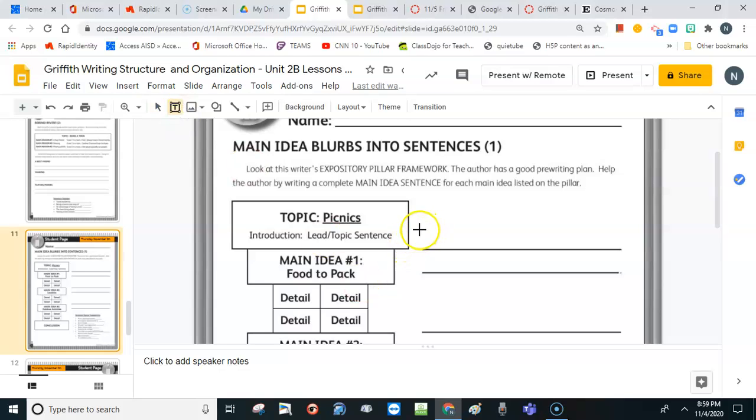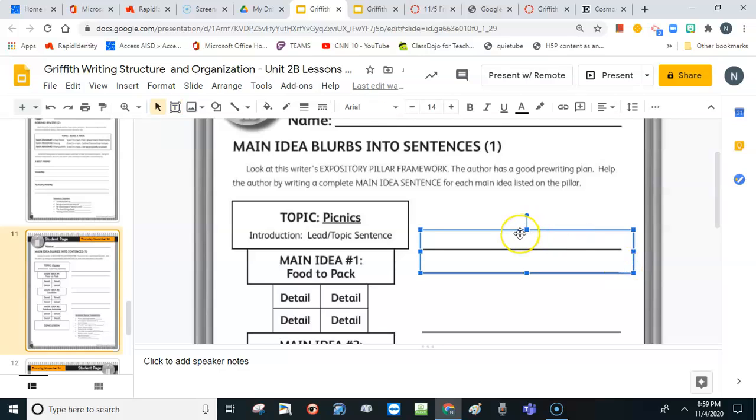If you're working on the computer, if you're working on paper, then you can just write. And I'm going to put it's helpful to plan different types of food you want to pack for your picnic.